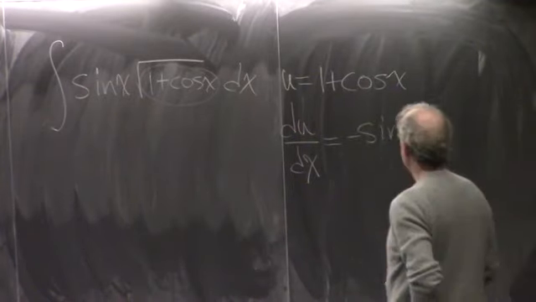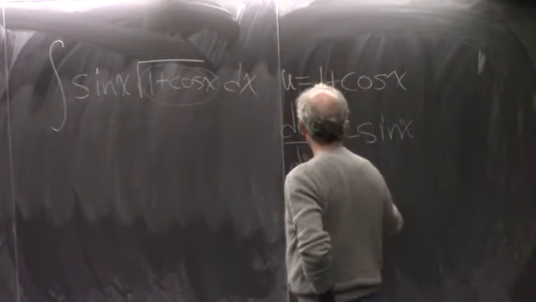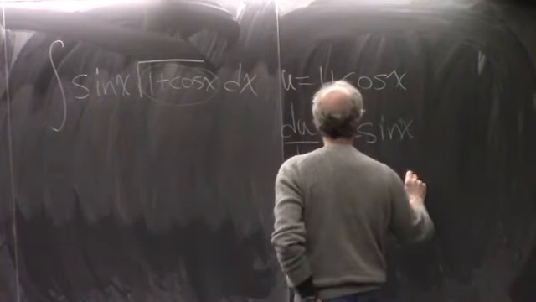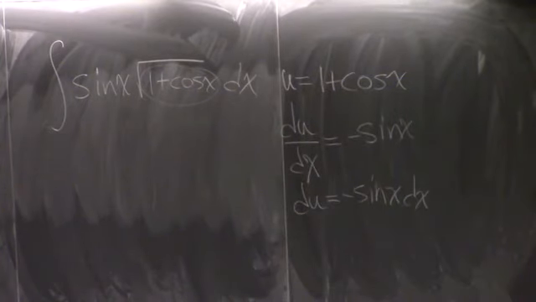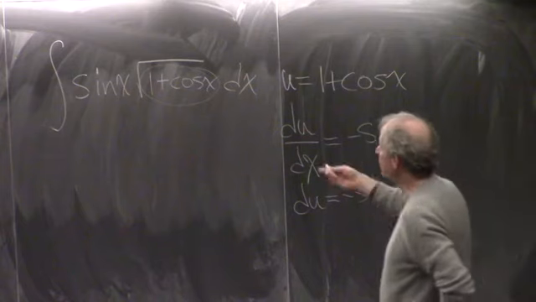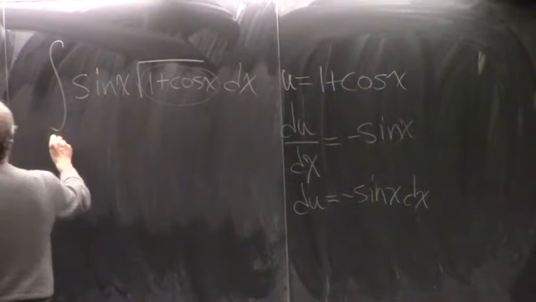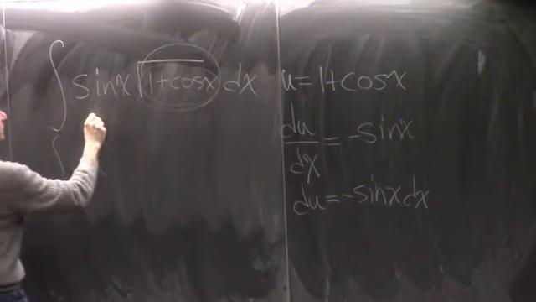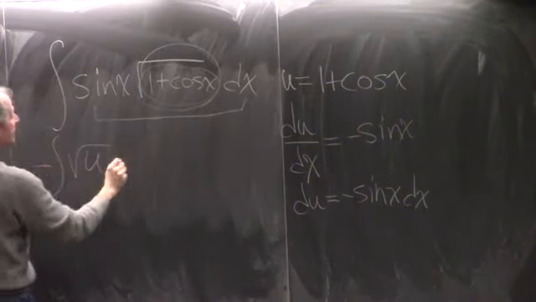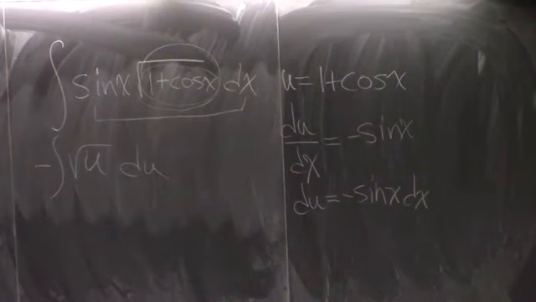So if I cross multiply, I would get du is minus sine x dx. And tonight I'll put up the pages from my book that do this u substitution, so you can work through lots of examples. So now I come over here and I say, well, all right, I could make this square root of u, and this would be negative du, because du is negative sine x dx, so negative du is sine x dx.